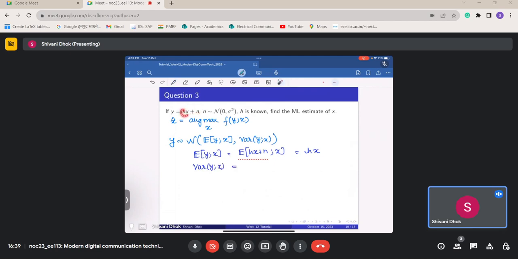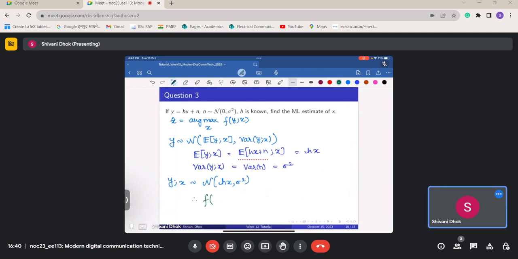Now again, this is a constant and variance of a constant is 0, so the only random variable present here is n. So this will be equal to the variance of n, which comes out to be sigma square. Therefore y given x is Gaussian with mean hx and variance sigma square.